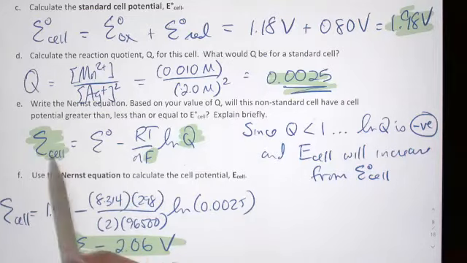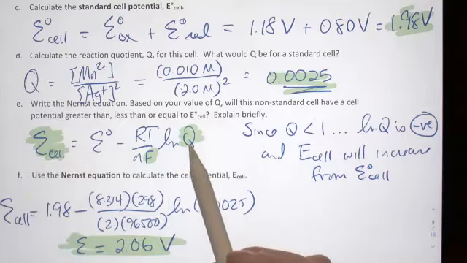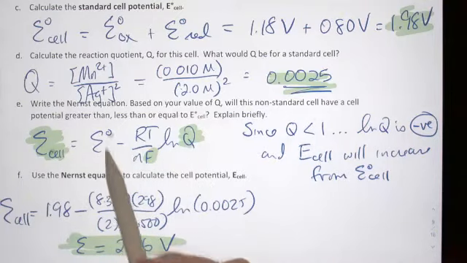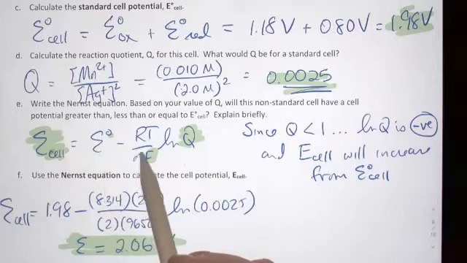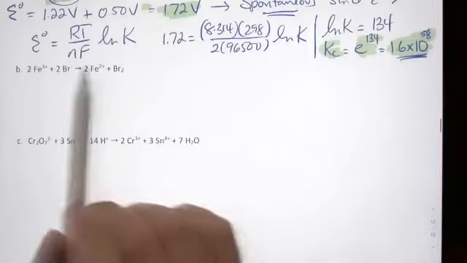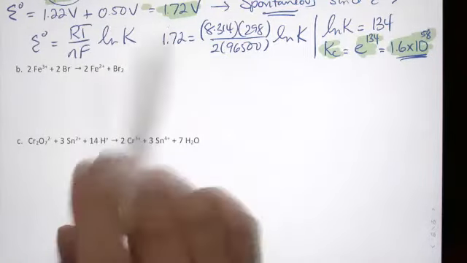So if E cell is 0 and Q is now Kc because we're at equilibrium, you can rearrange this and it would say E naught is equal to RT over nF times the natural log of Kc. We're good with that? That was used on your web assignment. So there's my equation: E naught is RT over nF times the natural log of Kc.